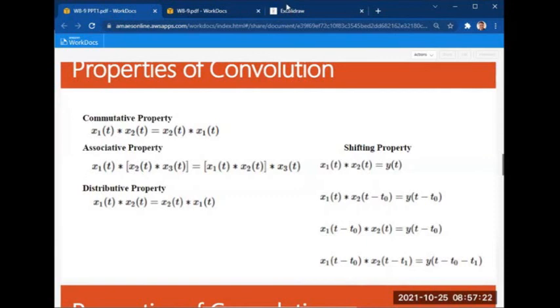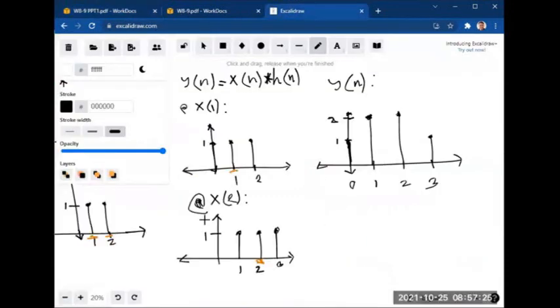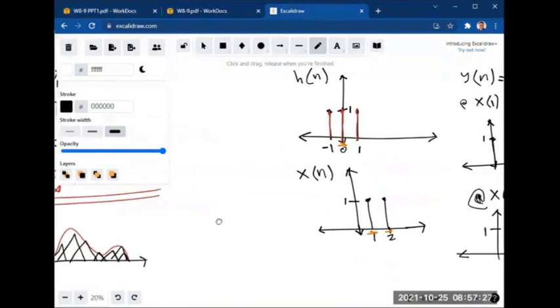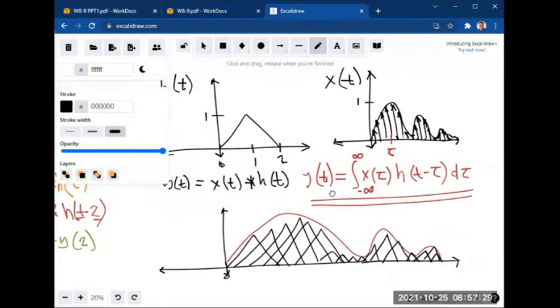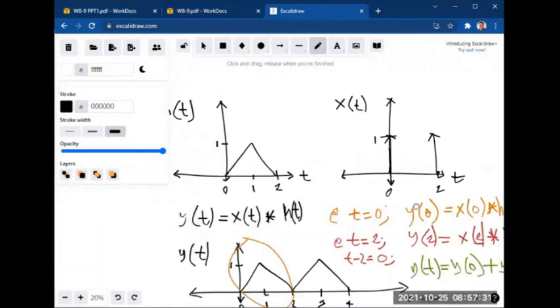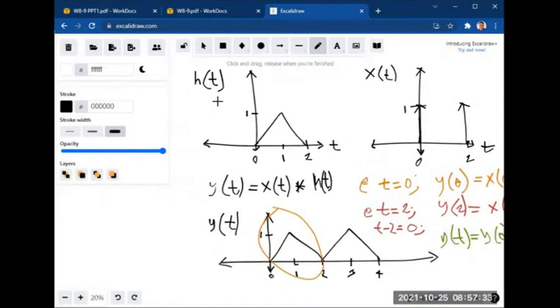So for example, let's go back to our very first example. If we reverse this, if this will be our x of t and this will be our h of t, what will happen is for this signal, we will have this impulse response.